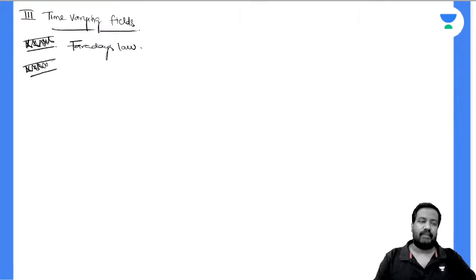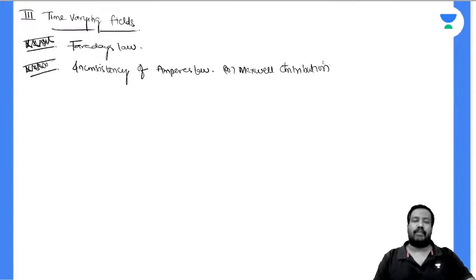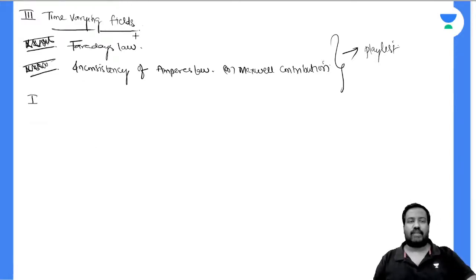Second, inconsistency of Ampere's law, also called Maxwell contribution. For detailed derivation and solution of this, please go through the playlist. After these two changes, the Maxwell equations for time varying fields are given as follows.